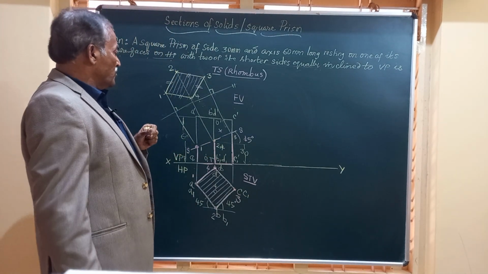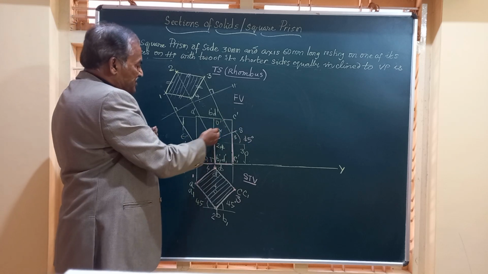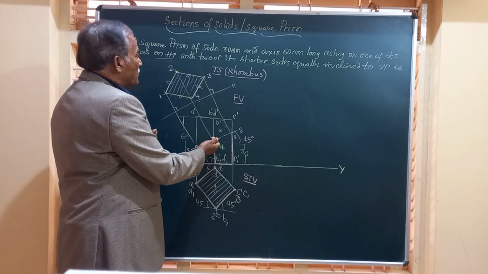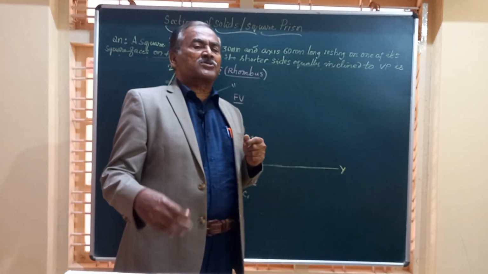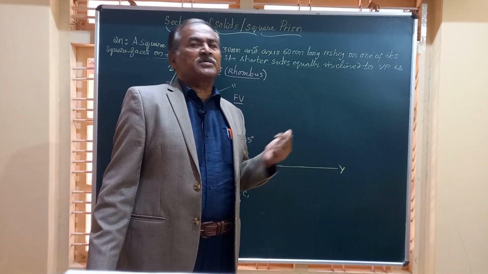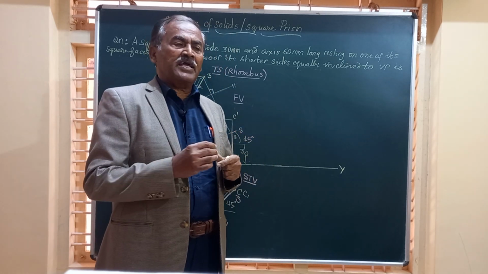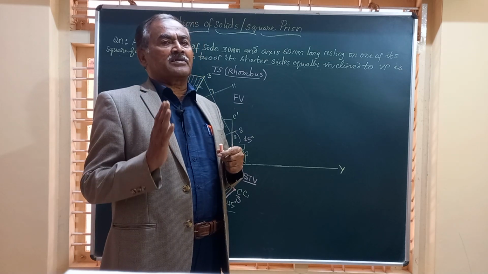And one more important thing is, friends, when the position of the section plane is given, you can obtain the true shape. The converse is also true. That is, if you are given the true shape of the section, you should be able to obtain the location of the section plane.